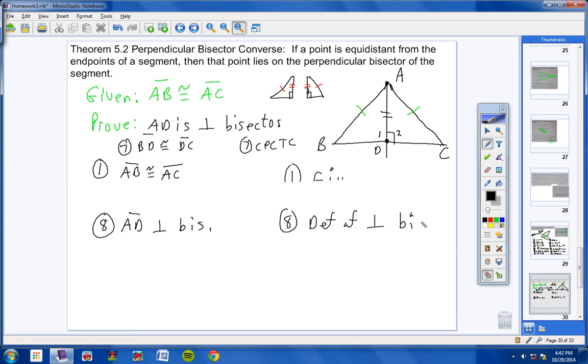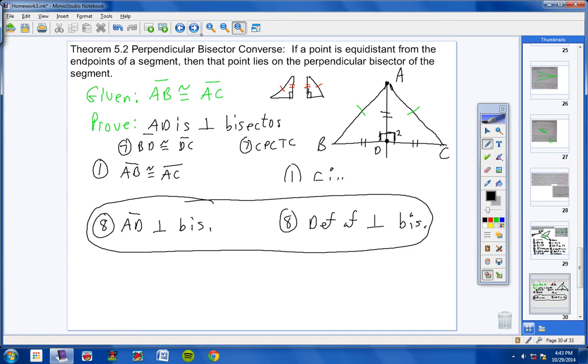Because look, students, I already stated that I have right angles here, so I know it's perpendicular. And I just stated up here in step 7 that this segment here is congruent to this segment here, so I know AD is also a bisector. Okay? So with all of those things in mind, I can definitely make this last statement.